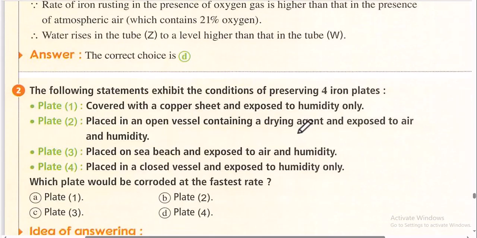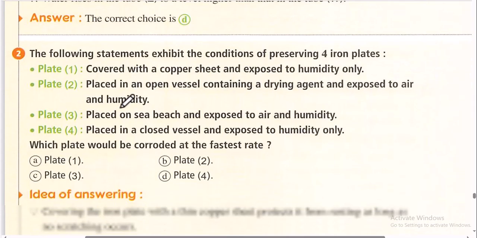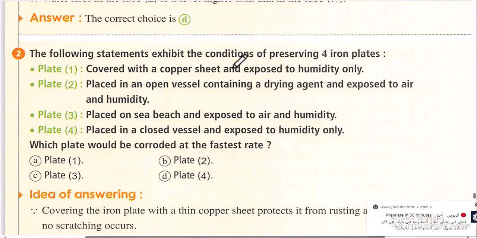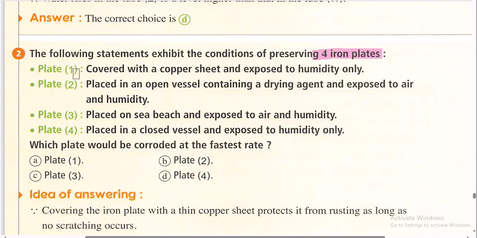Let's take another example. The following statements exhibit the conditions of preserving 4 iron plates. So plate 1 is covered with copper sheet and exposed to humidity. So the copper sheet will protect it to some extent.